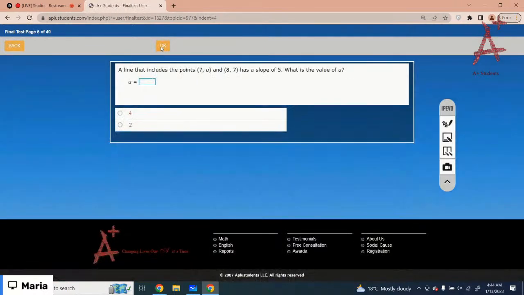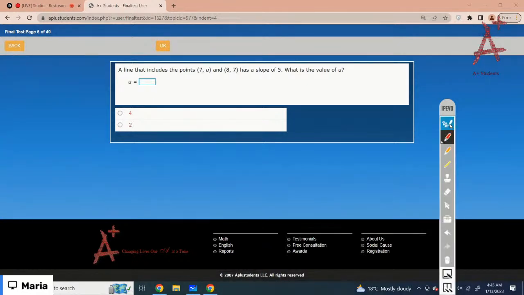Okay, the next one is a line that includes the points (7, u) and (8, 7) and has a slope of 5. What is the value of u? Use the formula m equals y2 minus y1 divided by x2 minus x1.